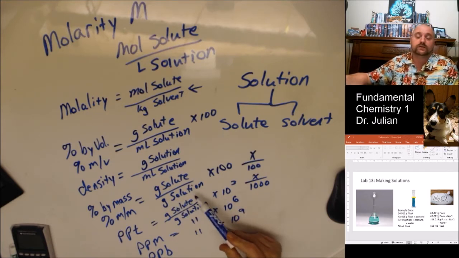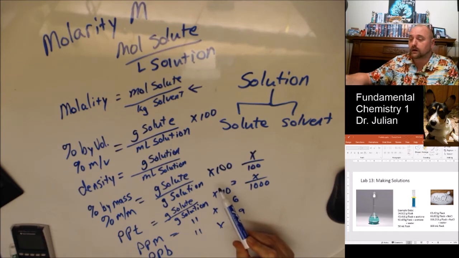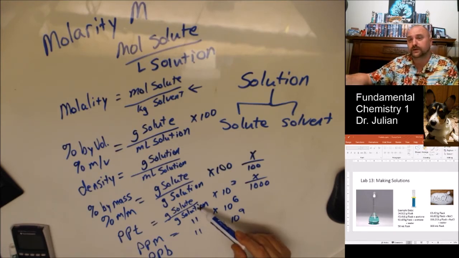So percents we use a lot of times for maybe our sugar in our food or the caffeine in the food. PPT we might use for something that was poisonous in our food. ppm is quite often used for something poisonous in our drinking water.